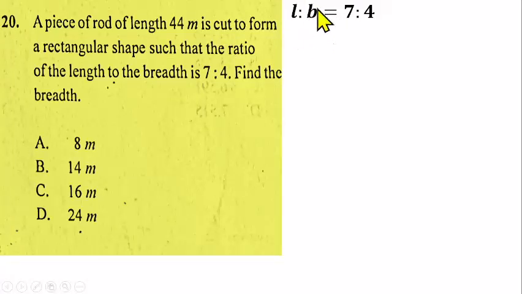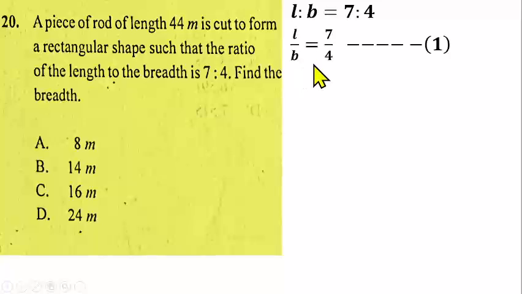We know that ratio also simply means a division, so you can write this as L over B equals 7 over 4. We get that as equation 1. Then we know that the piece of rod of length 44 meters that is cut also represents the perimeter of the rectangle, because the rod was cut to form the rectangular shape.